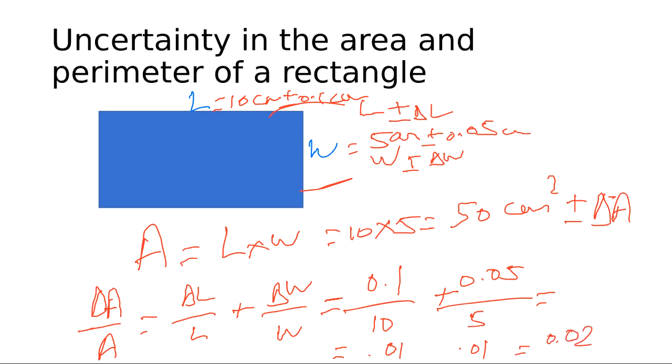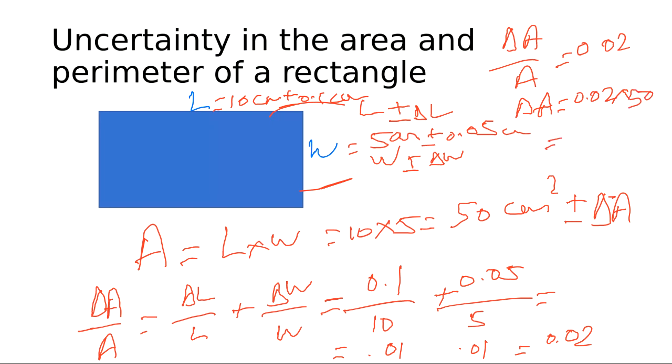So what I got is delta A over A is 0.02. If you want just the delta A, all you have to do is multiply by A here. So 0.02 multiplied by the A, which we figured out earlier, which is 50. So that's the answer here.